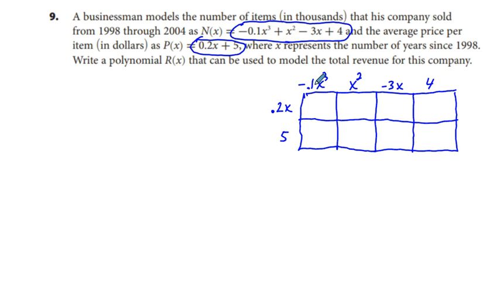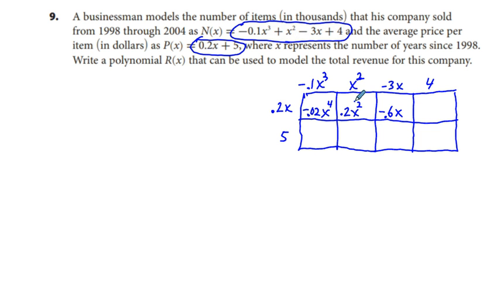Well, negative 0.1 times 0.2 is like we move the decimal place to the left, so negative 0.02x to the 4th power. And then 0.2 times x squared is simply 0.2x squared. And we have 0.2 times negative 3x, which gives negative 0.6x.